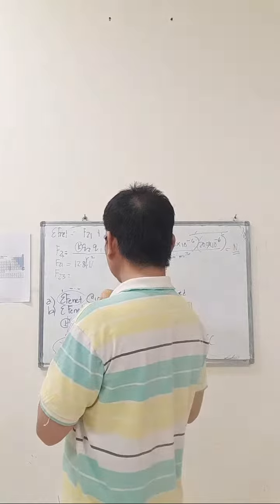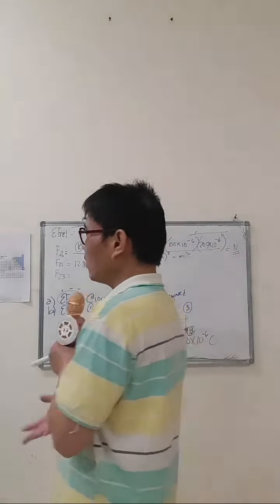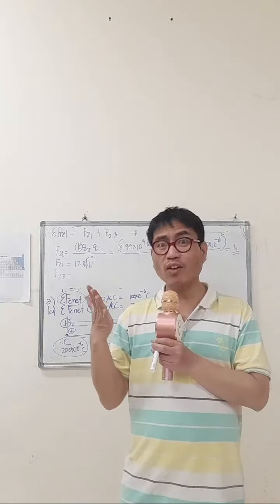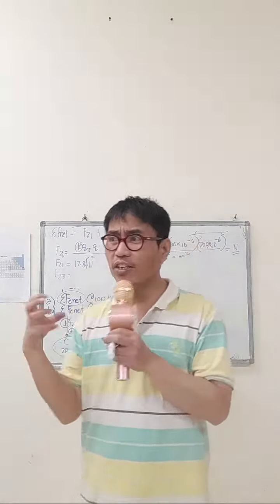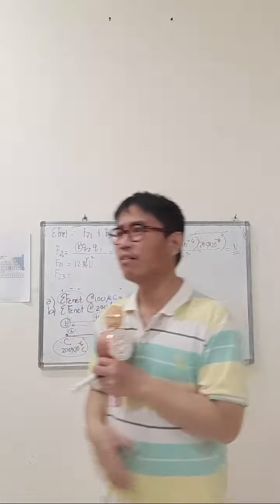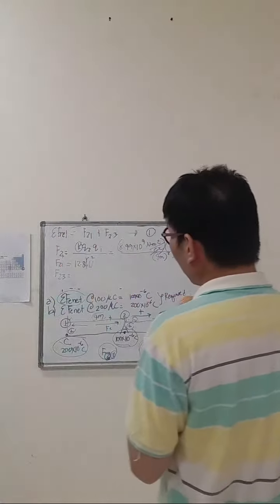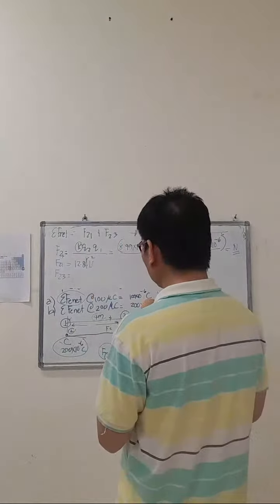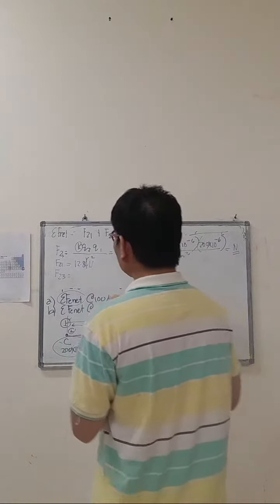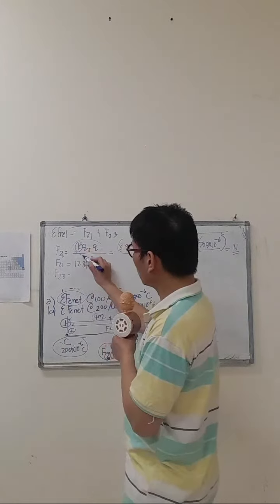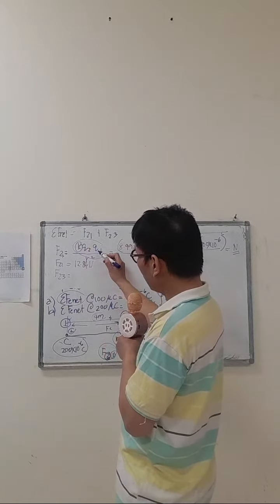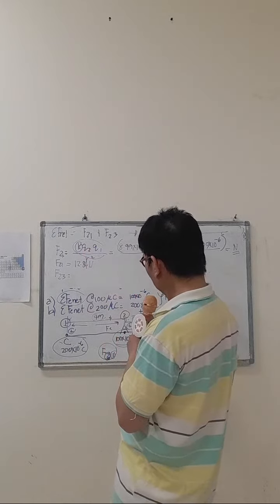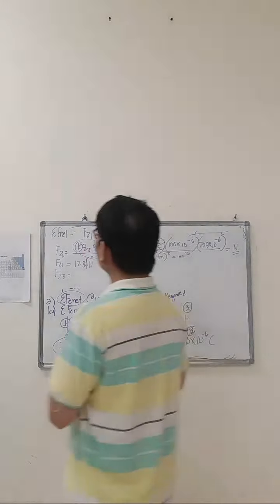Electrostatic force and electric force are one; all you have to do is to analyze that they are the same. So for F23, the same formula is to be used. Instead of Q2, you have Q3. Instead of Q1, you have Q2. Q2, Q3.